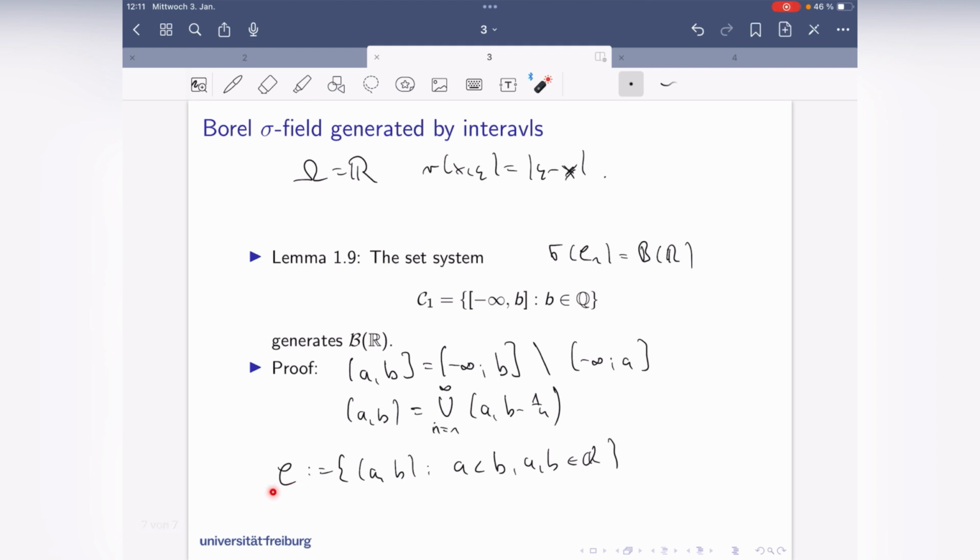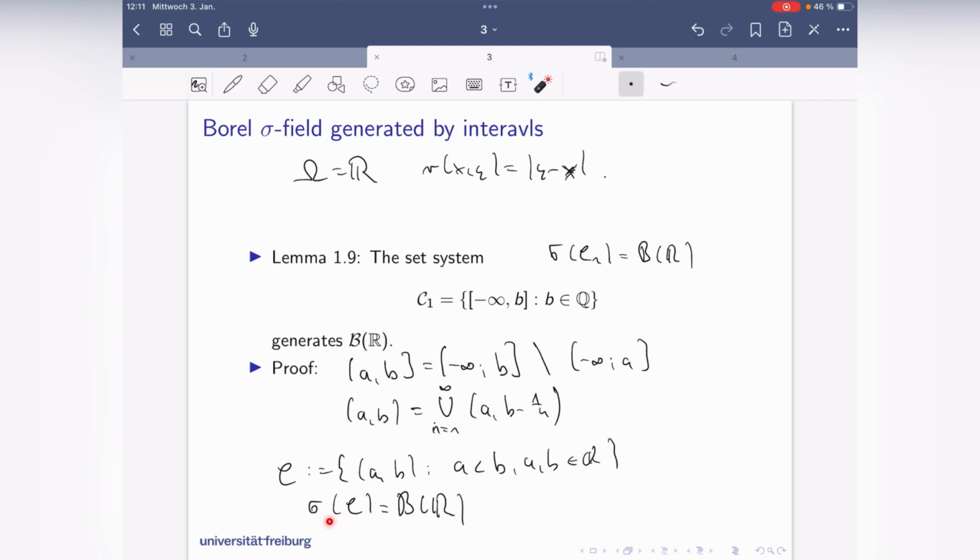I can generate these by set differences and countable unions. So yes, I have sigma of C equals B of R.